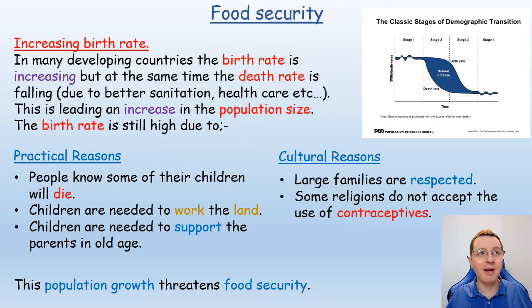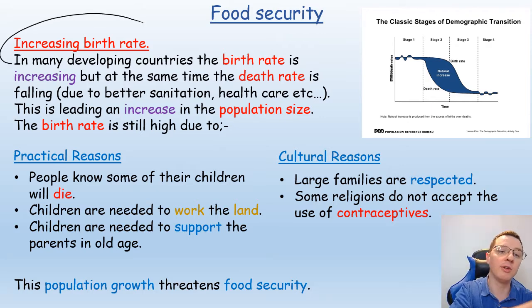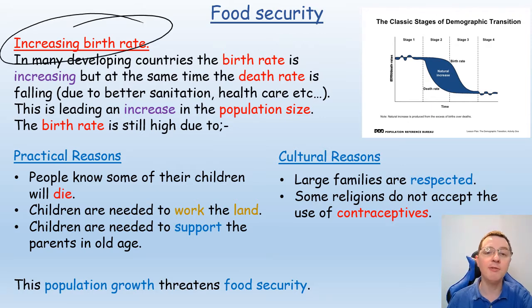So, what factors will affect a country's ability to provide food and food security? Well, the first big factor is an increasing birth rate. In many developing countries, the birth rate is increasing, but at the same time, the death rate is falling due to better sanitation, better healthcare, etc. And this is leading to an increase in the population size.